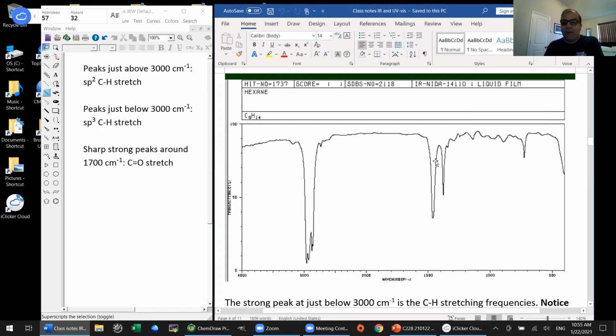These peaks over here might be CH bending or carbon-carbon stretching frequencies, maybe. I don't think we even need those to identify what's going on here. But certainly when I look at this spectrum, I can tell there's no alcohol, no carbonyl group, no carboxylic acid, nothing of that sort, nothing except sp3 hybridized carbons and hydrogens.